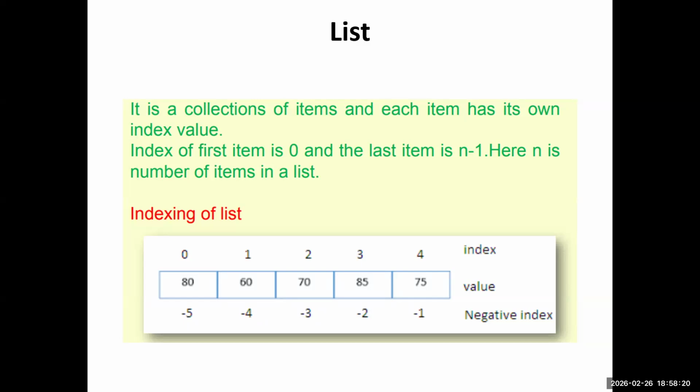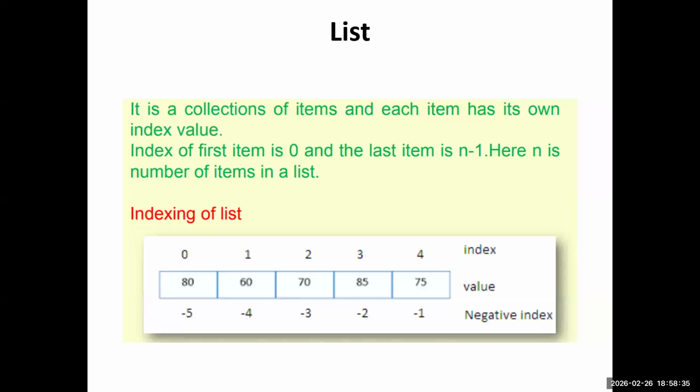One is primary data type and the second one is complex data type. Primary data types are numeric, string, boolean, none. Okay.